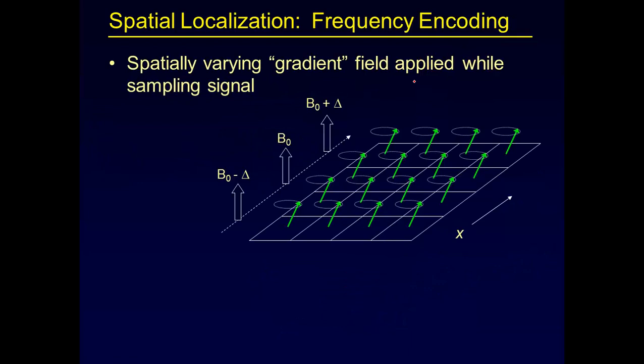What you do is you put a gradient magnetic field. So you have another device inside this electromagnet that allows for a much smaller field than B naught. B naught's some huge magnetic field. But anyway, it allows for causing more magnetic field along one direction. As you move along one direction, the magnetic field gets slightly stronger and slightly weaker. So that's a gradient. Here we're drawing that, let's say this is the x direction.